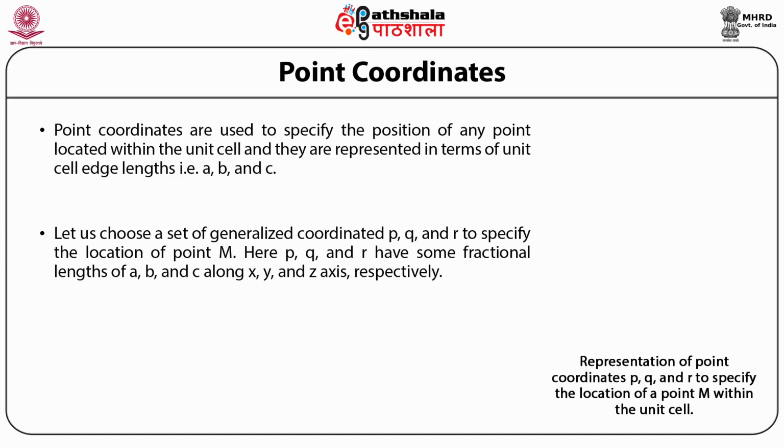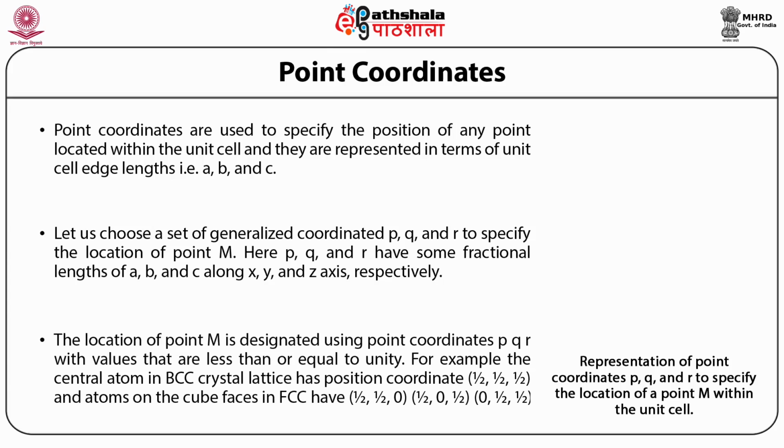Here, p, q, and r are fractional lengths of a, b, and c along x, y, and z axes respectively. Hence, the location of point M is designated using point coordinates p, q, r with values that are less than or equal to unity.